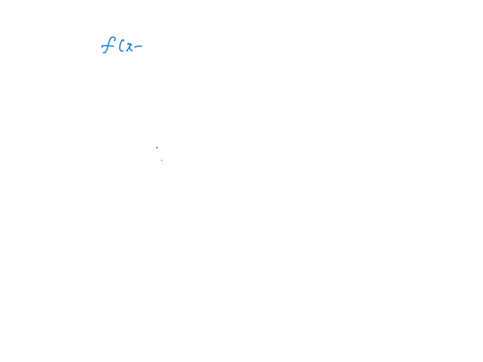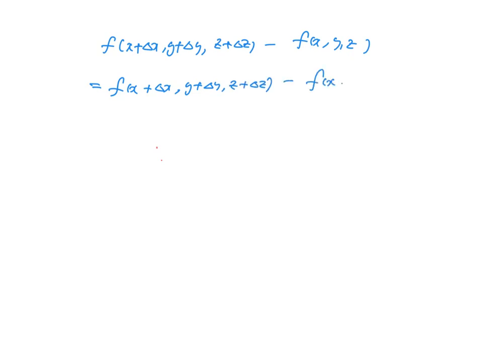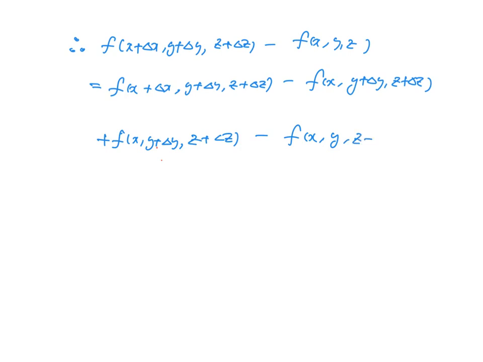So f(x plus delta x, y plus delta y, z plus delta z) minus f(x, y, z) is the same as f(x plus delta x, y plus delta y, z plus delta z) minus f(x, y plus delta y, z plus delta z), plus, we need some space between the next line, f(x, y plus delta y, z plus delta z) minus f(x, y, z plus delta z), plus f(x, y, z plus delta z) minus f(x, y, z).